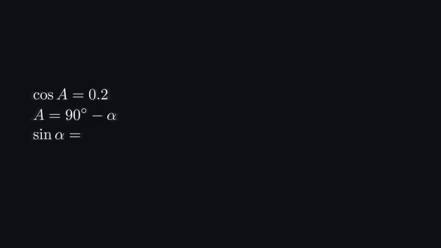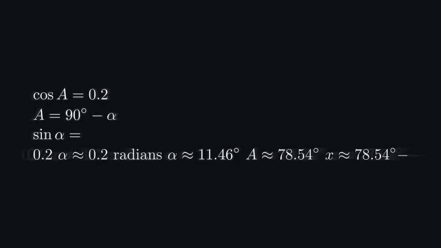Sin of alpha equals 0.2. Alpha approximately equals 0.2 radians. Alpha approximately equals 11.46 degrees, A approximately equals 78.54 degrees, x approximately equals 70 degrees.